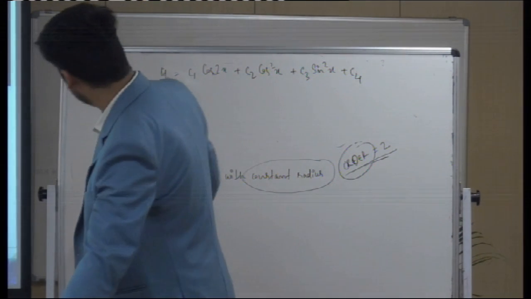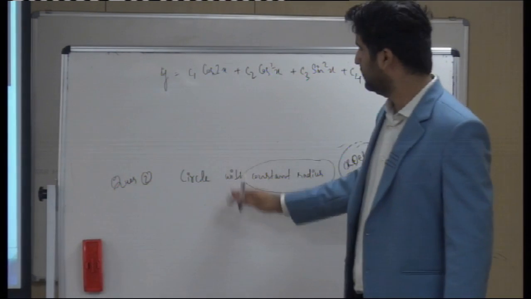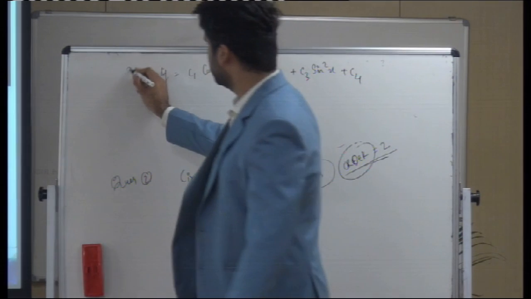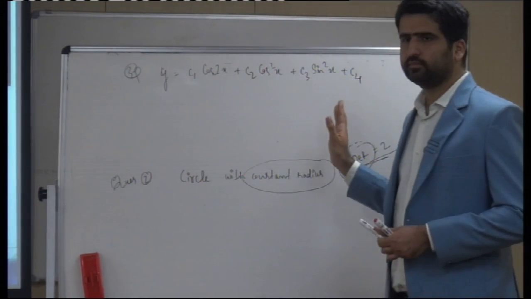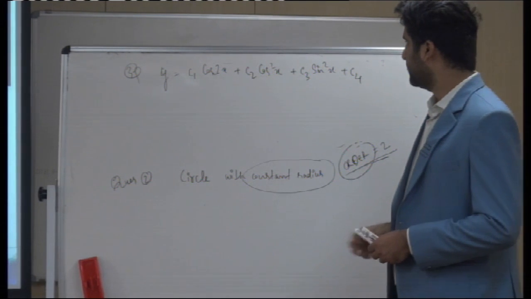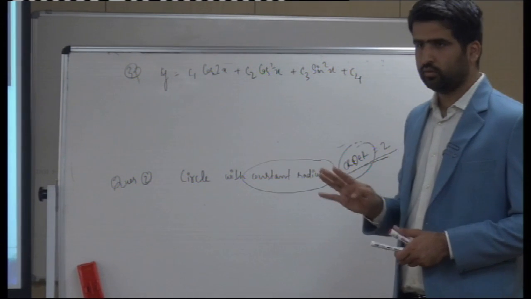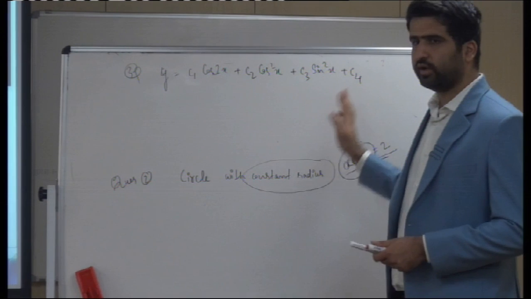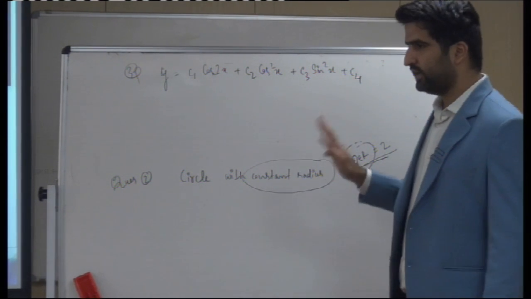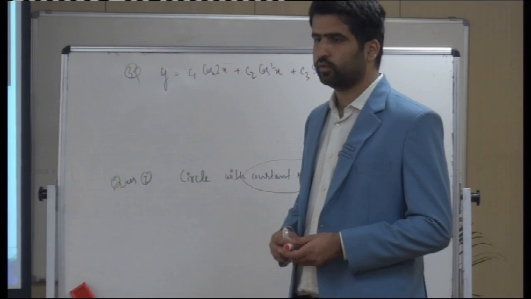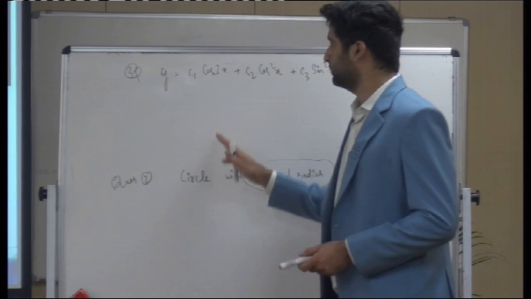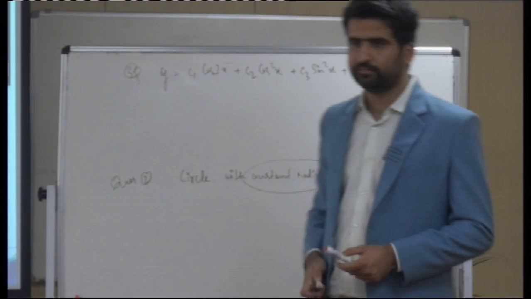If this is not clear from the circle, you will get the idea from this one very clearly. By seeing the question as it is, can you tell me how many arbitrary constants are there? 4. We also have a c4 over here, right? So we have 4 arbitrary constants. So what should be the order? 4. But the order is not equal to 4. And you have to figure out why.